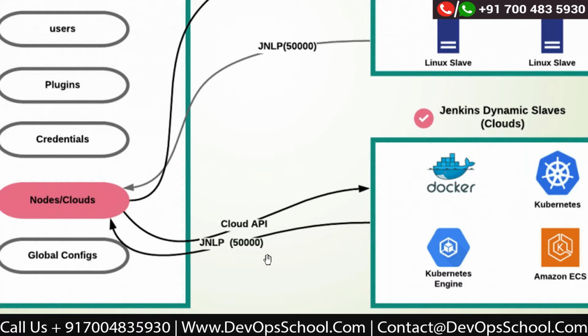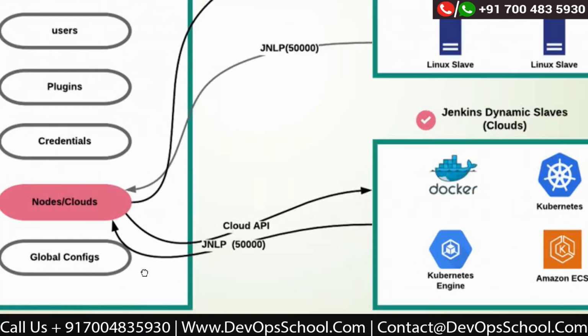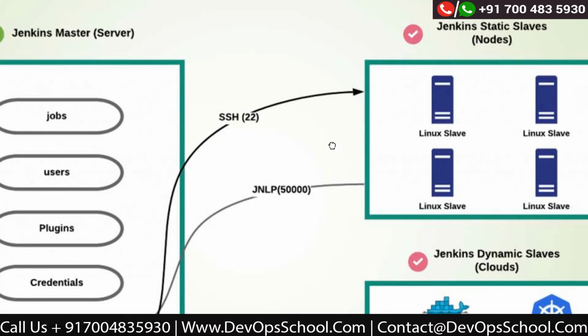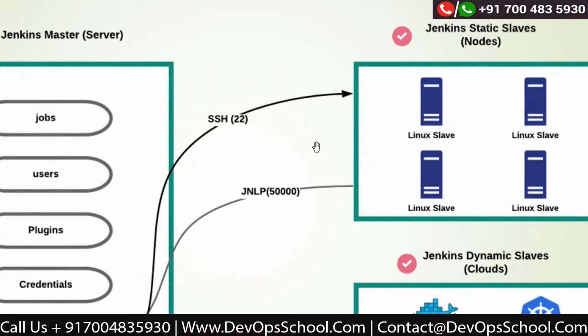So for Cloud API, port 80 is the default, and that's why it has not been mentioned. For JNLP, the default port is 50,000, and similarly, the port number generally used for SSH is 22.